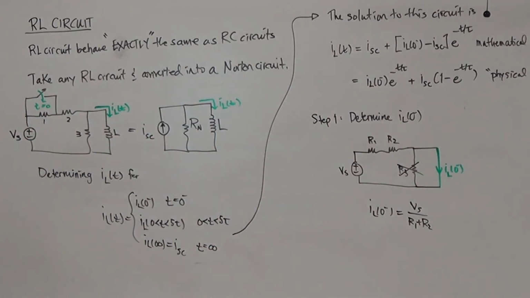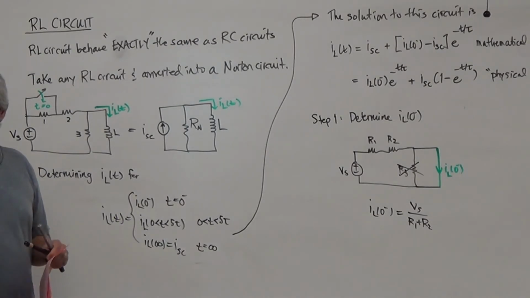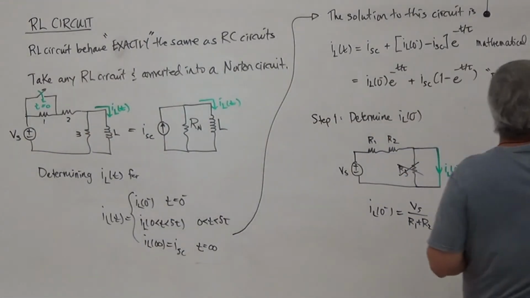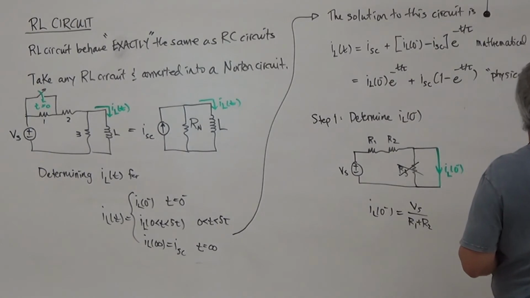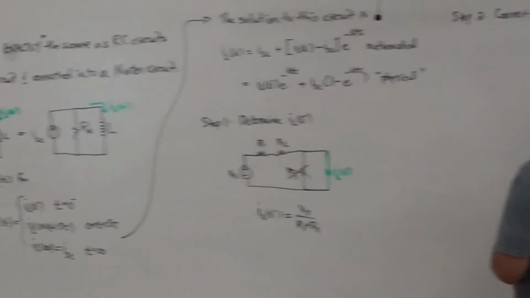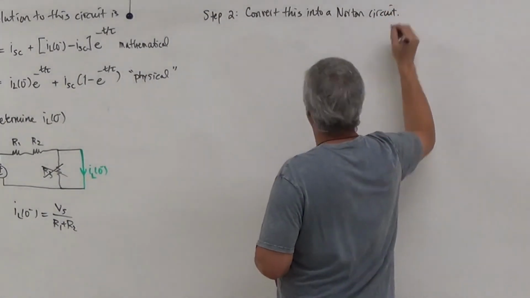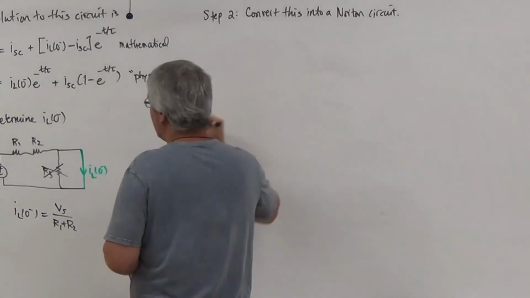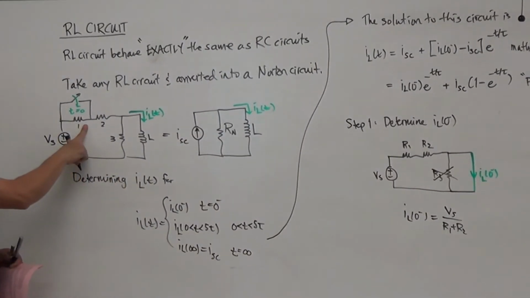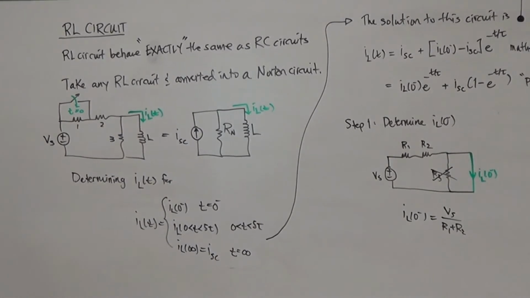So the next thing that we want to do here is convert this into a Norton circuit. What we do then is that I now throw the switch. As I throw the switch, it kills resistor R1.